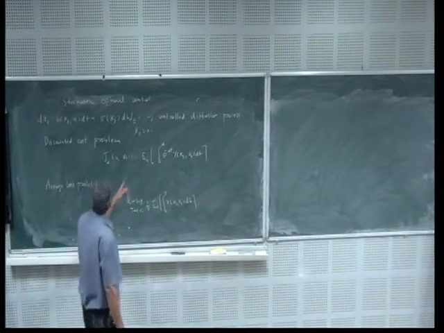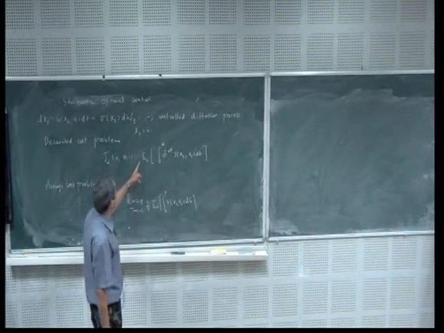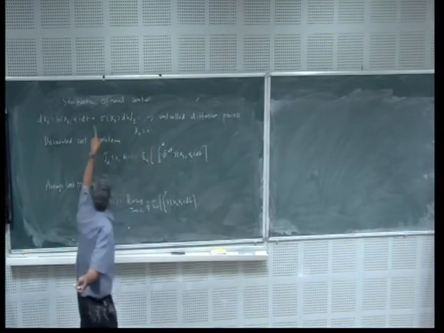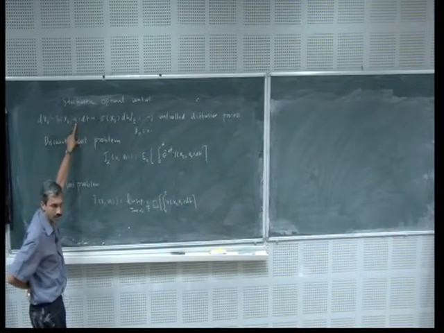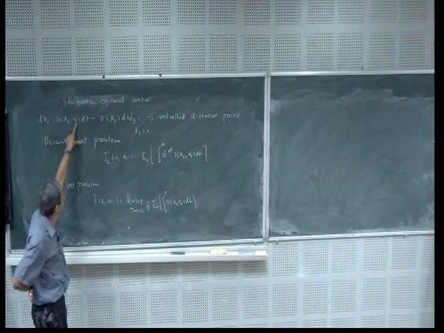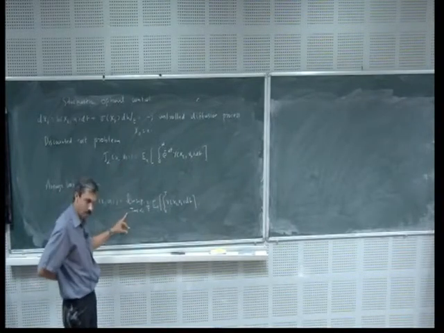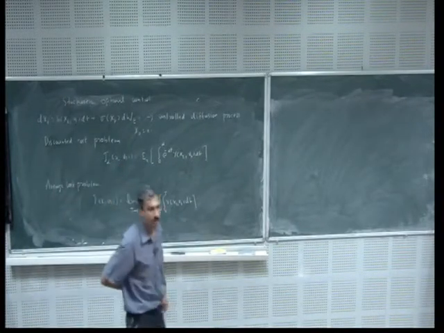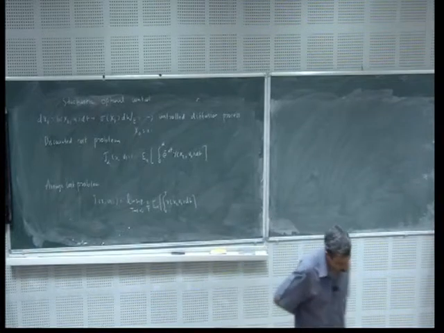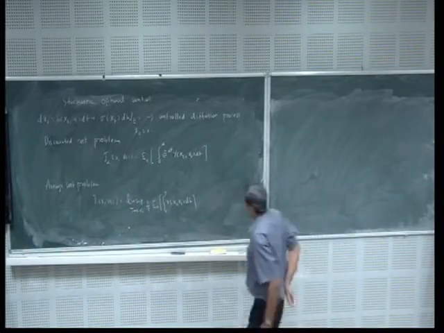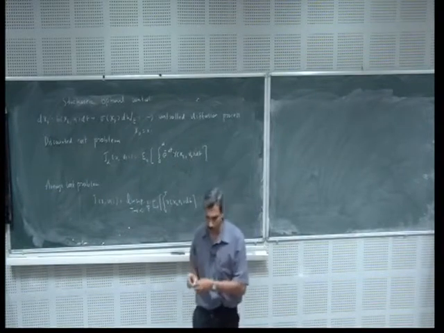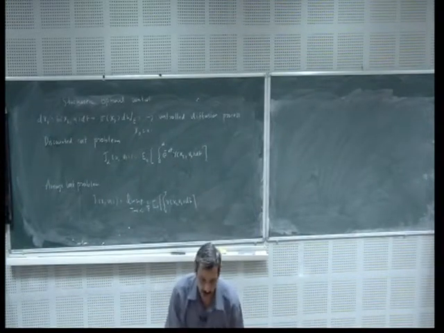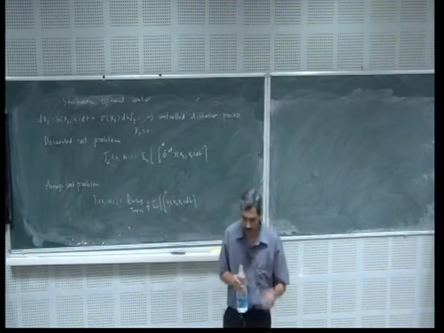So these are the controls which he already told us. You are going to minimize either this or this among all possible admissible controls. Results are known only for the discounted case, and for the ergodic cost problem nothing much is known.